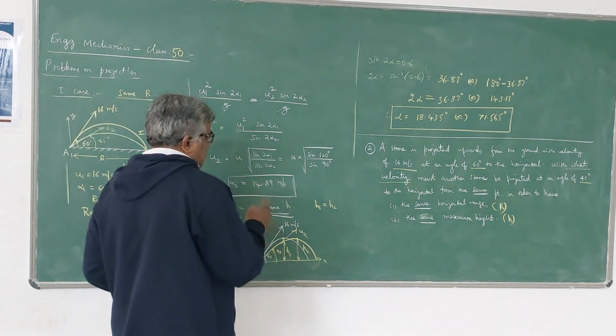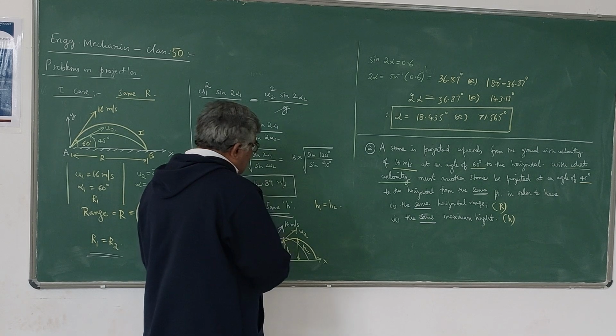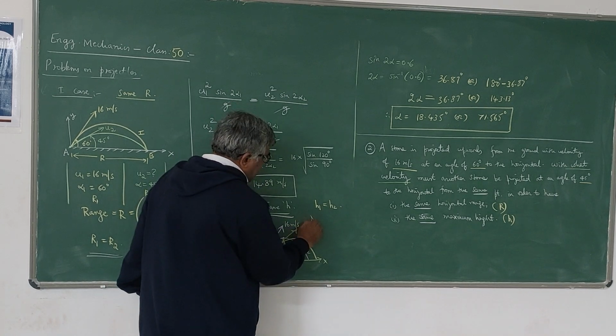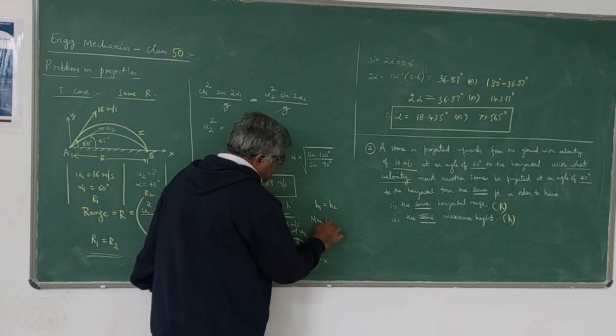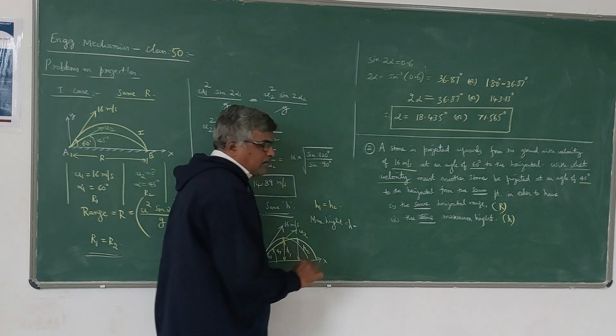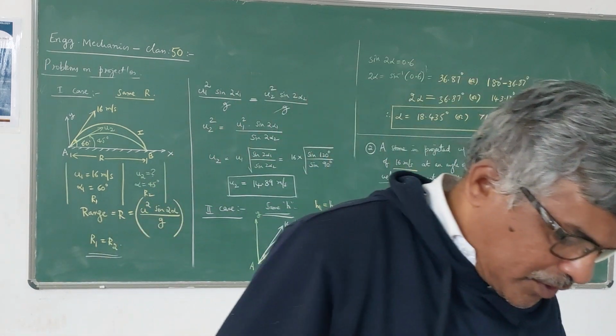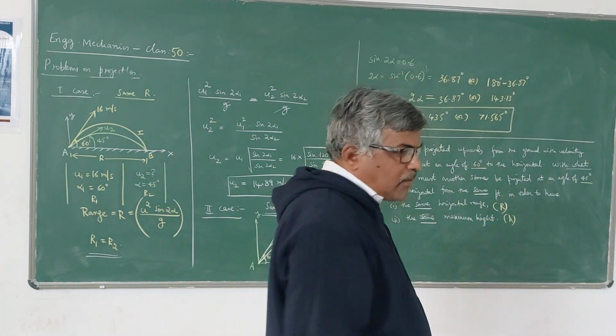So let us write the expression for maximum height. The expression for maximum height of an individual projectile h is given by, we have derived that equation, h is equal to u square sin square alpha by 2g.